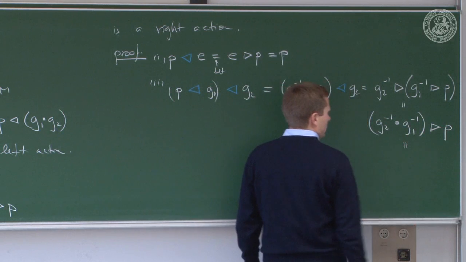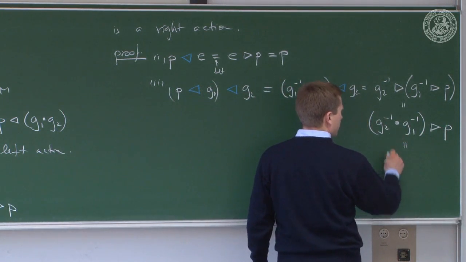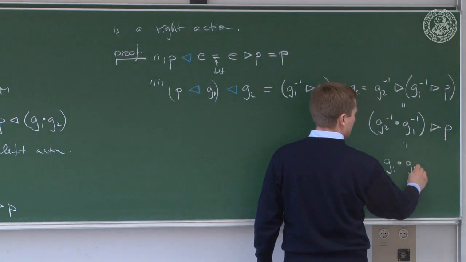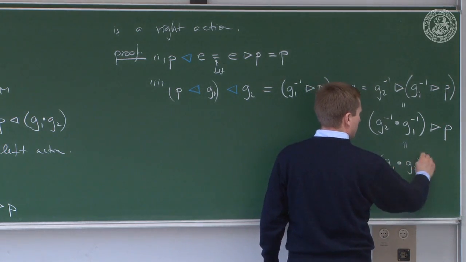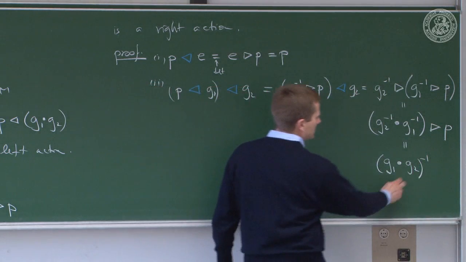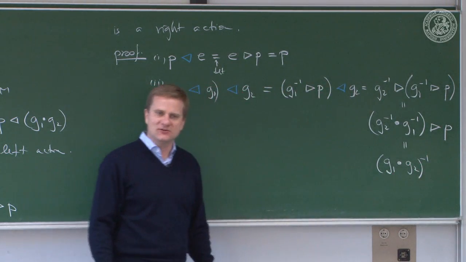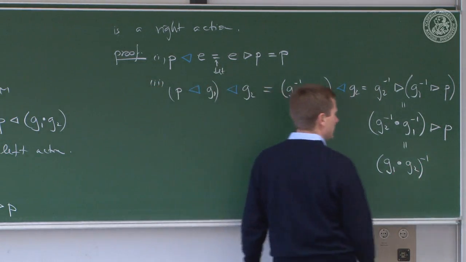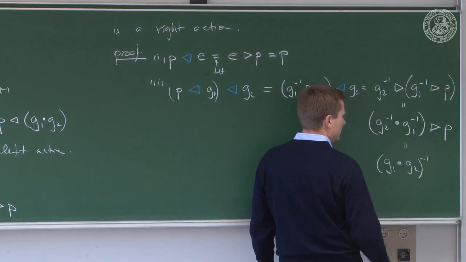And then we know that the product of inverses is the inverse of the product, but with the order exchanged. It's also clear in any possible context, also here for the Lie groups.